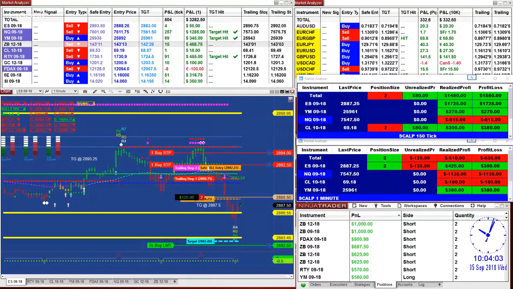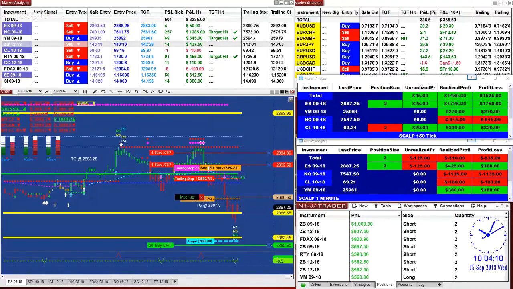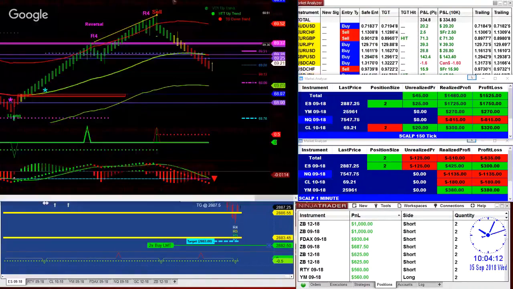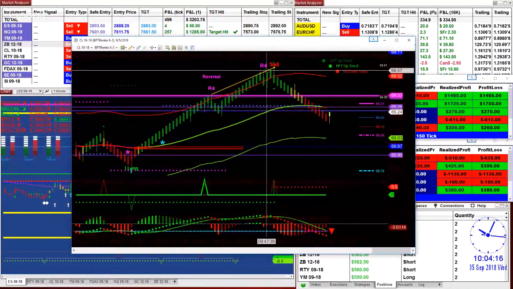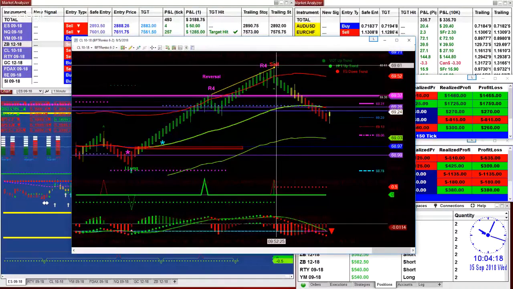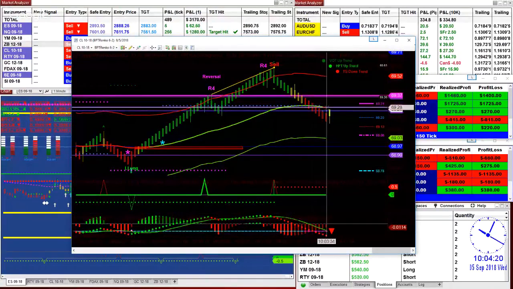Let's look at the reversal trade from the CL entry. This is your reversal trade out of the band. You have a sell signal, and this is your mid band.